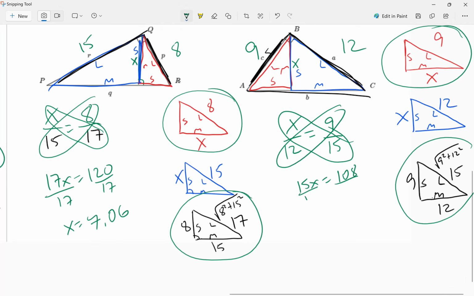Let me divide both sides by 15. 108 divided by 15 gives me 7.2. I don't have to round to two decimal places. It's just 7.2. Okay, not bad.